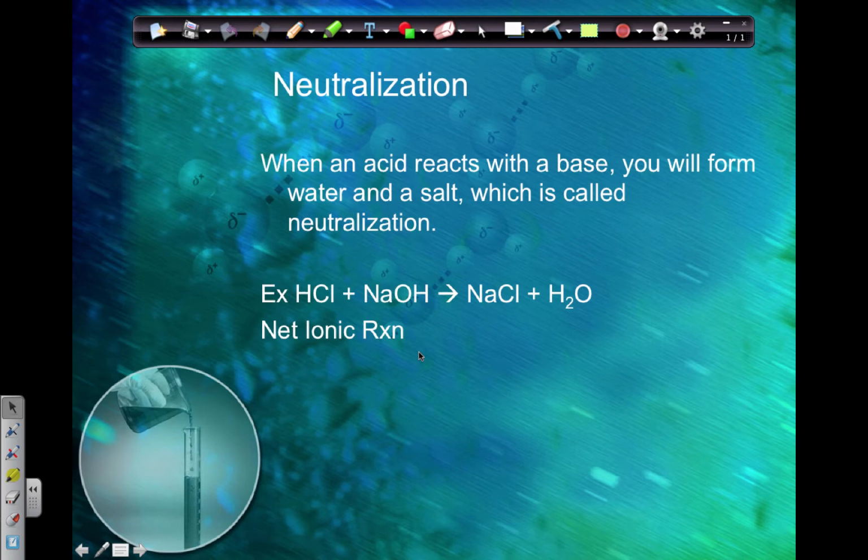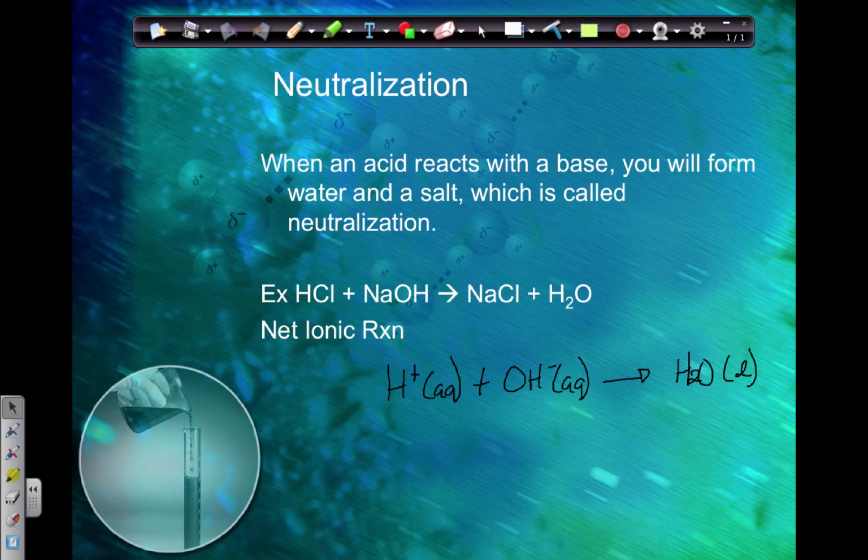So anytime that we have an acid-base reaction, this is the real reaction that you have. This is the net ionic reaction. You have hydrogen ions being added to hydroxide ions to produce water. And water, it's not a solid, so we're not looking for a precipitate here.